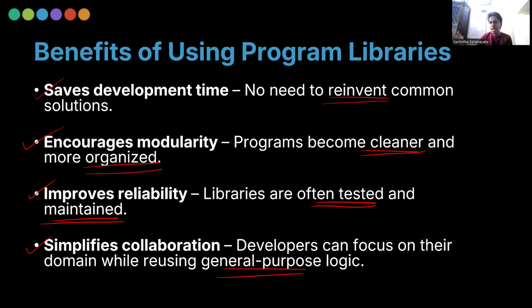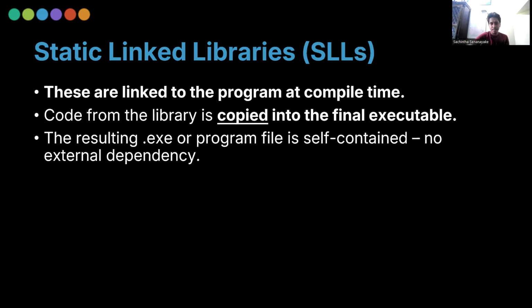You could reuse something that other people have written, so you don't have to reinvent the wheel, and you can focus on solving your problem in your domain rather than re-implementing all these general purpose logic by yourself. So it simplifies collaboration between programmers as well, and essentially helps you build what you want rather than being bogged down by every single thing of a program. So 4 major advantages: saves development time, encourages modularity, improves reliability, and simplifies collaboration.